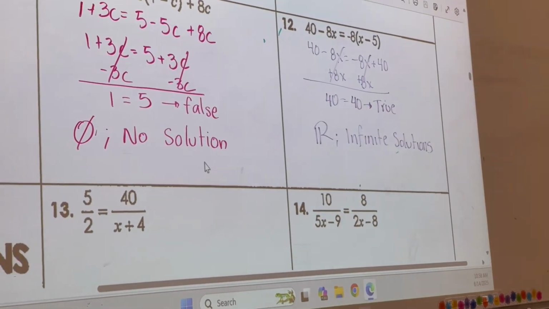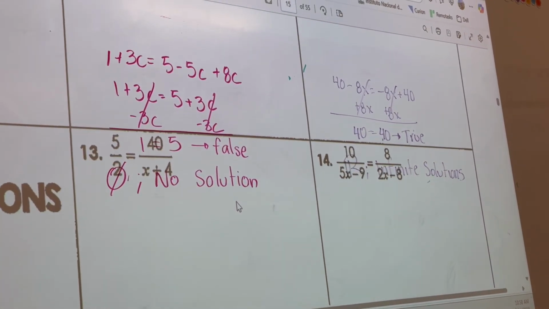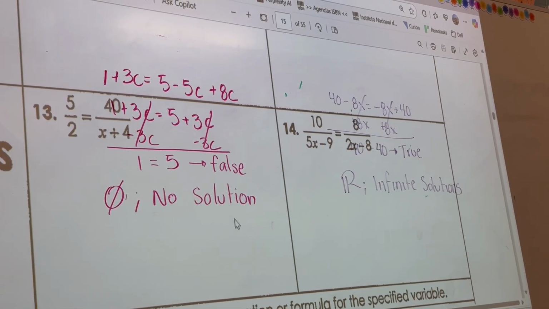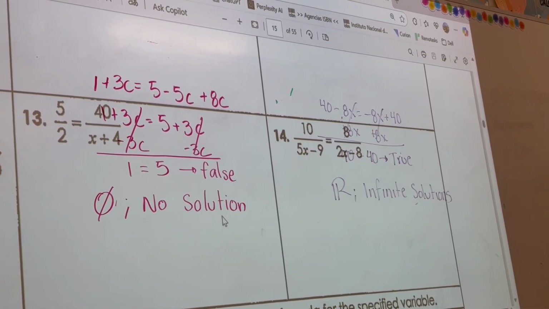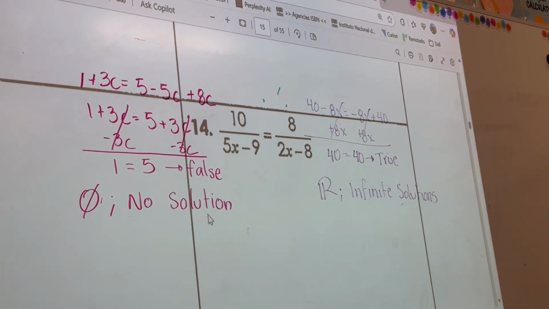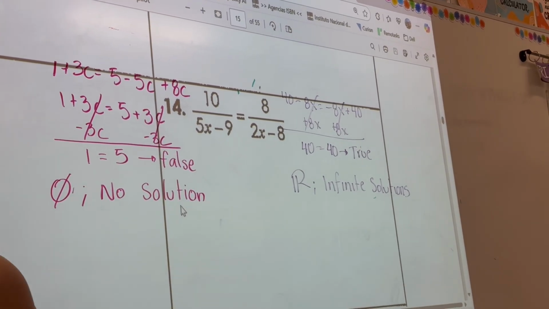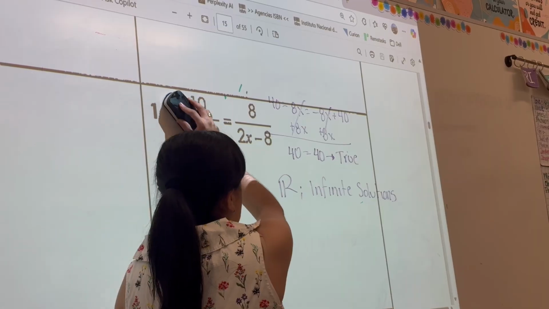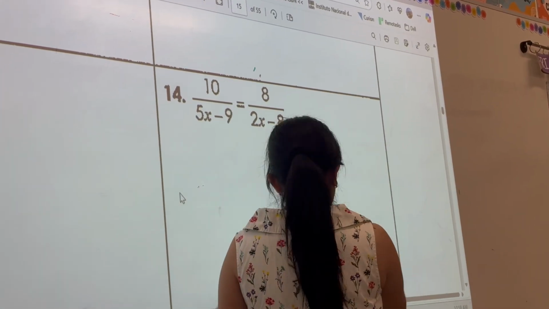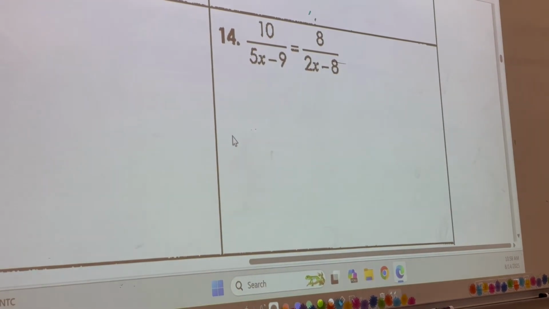What are we going to do when we have fractions like these ones? Let's just answer 14. So when we have fractions like that, what do we do?